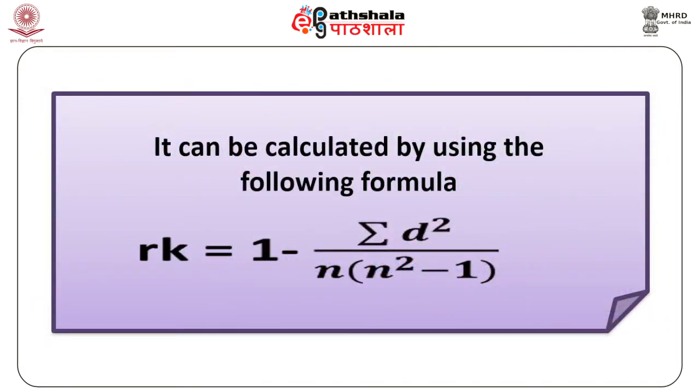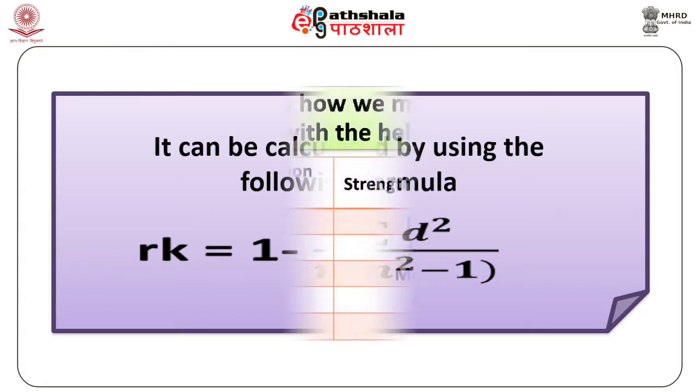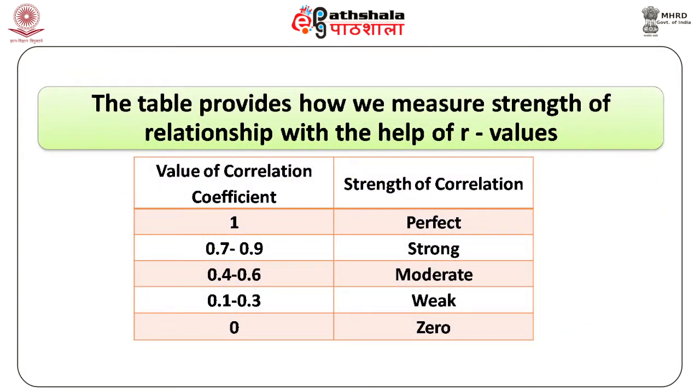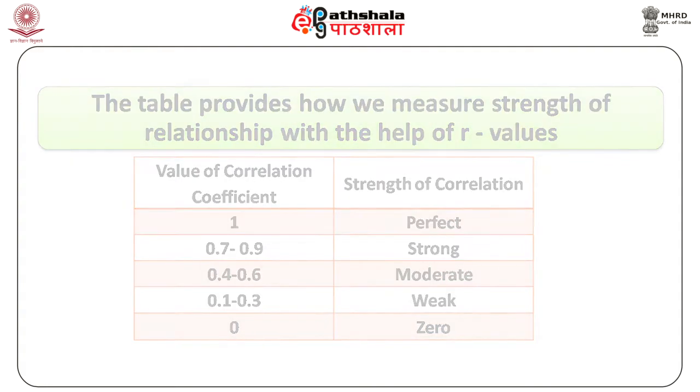It can be calculated by using the formula Rk equals 1 minus summation d square divided by n multiplied by n square minus 1. The table provides how we measure the strength of relationship with the help of r values, where one column has the value of the correlation coefficient and the second column shows the strength of correlation.